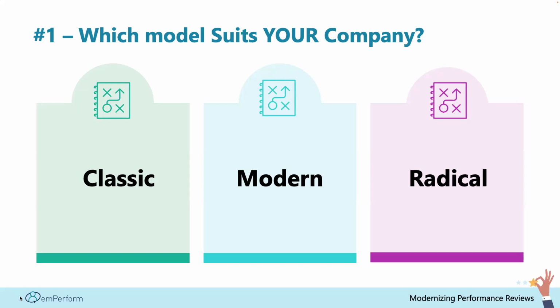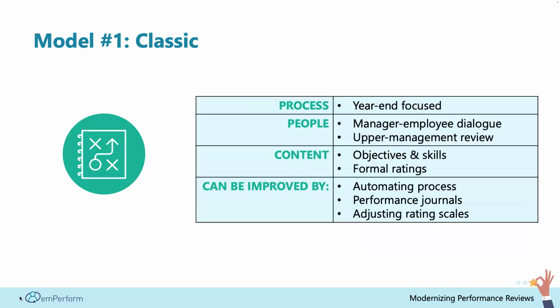We usually see that organizations are trying to evolve from the classic model to something more modern, or in some cases more radical. And again, this is part of what we do when we talk to organizations more from a consulting framework, and we're going to try and do this at a little bit higher level to work through this. So let's talk about these models in detail.